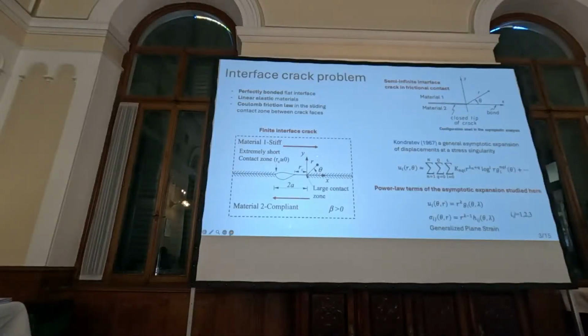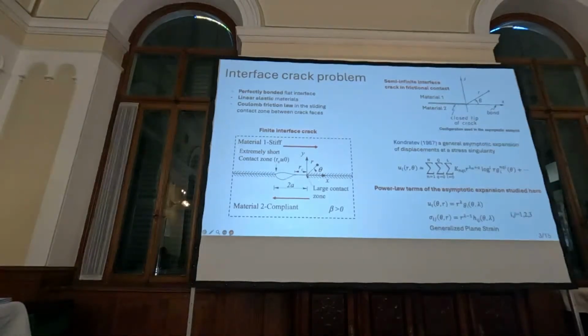If we look at this example where we have a flat interface, here we have a crack. If the solid is subjected to shear stress, it's typical that a long contact zone appears at one crack tip and an extremely short contact zone, or actually no contact zone, at the other crack tip.